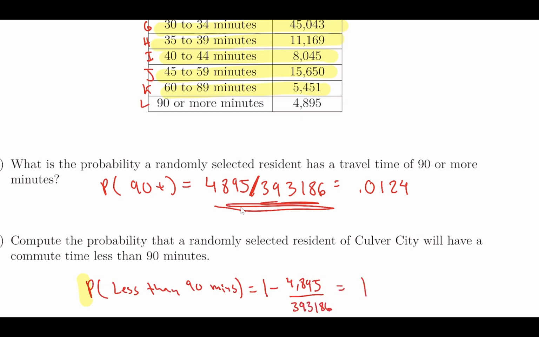And then we could do 1 minus 0.0124, and you get 0.9876.